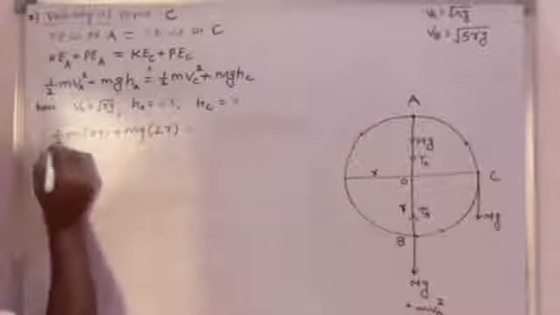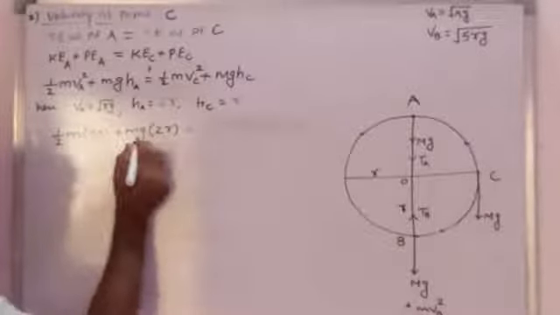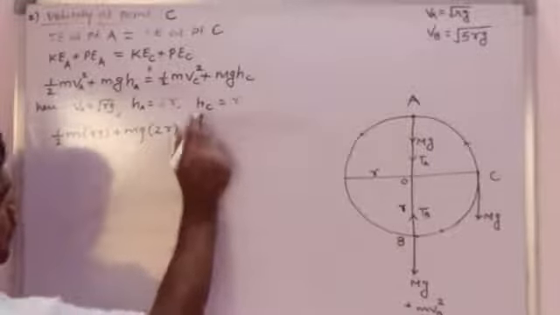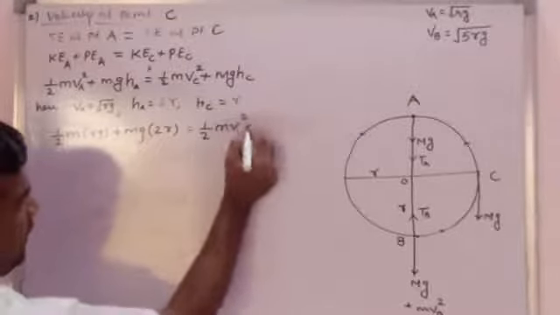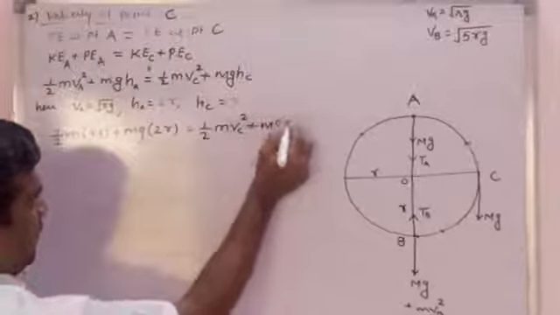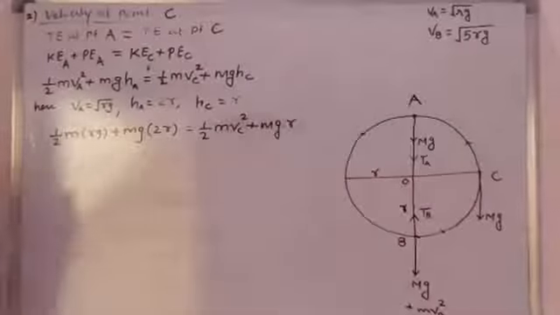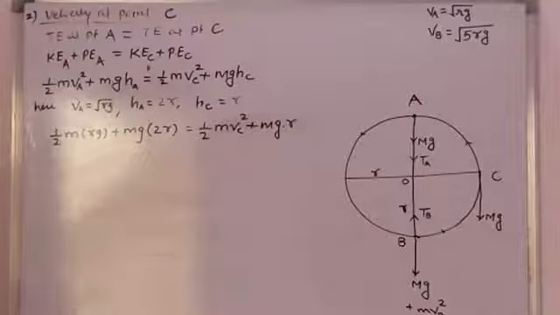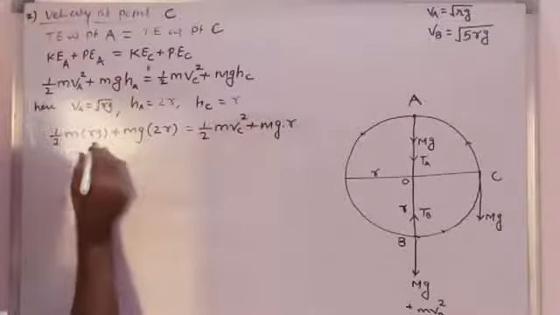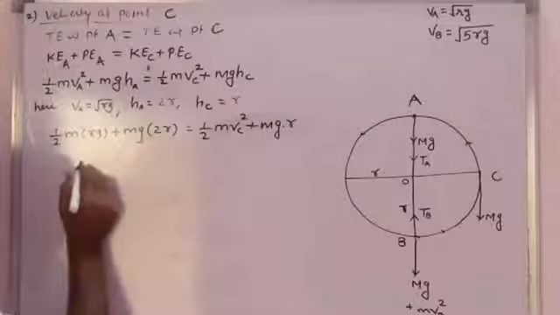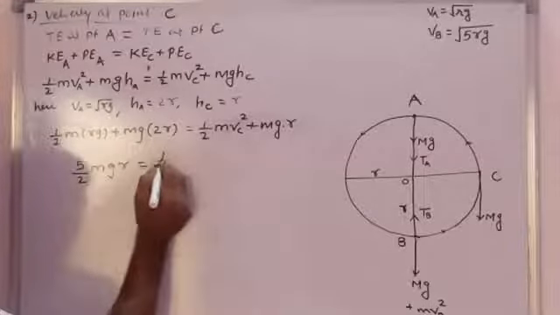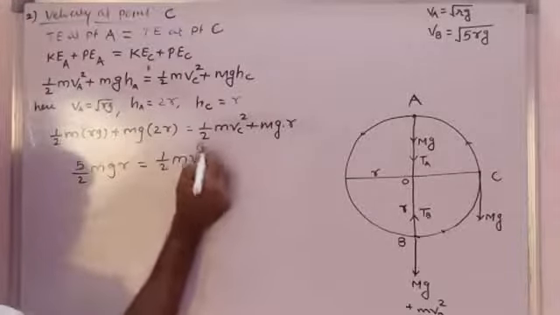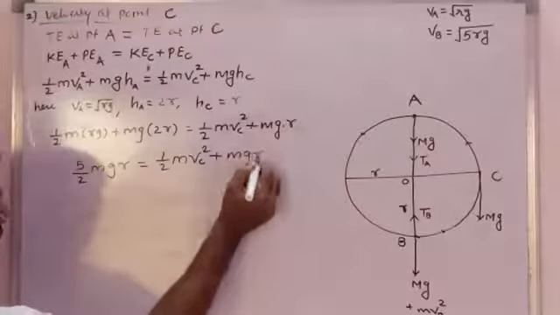So substitute these values in the above equation, that is half m Rg plus mg into twice R is equal to half m Vc square plus mg into R, because the distance of C from lowest position is R. This can be written as half mgr plus twice mgr, means 5 by 2 mgr is equal to half m Vc square plus mgr.